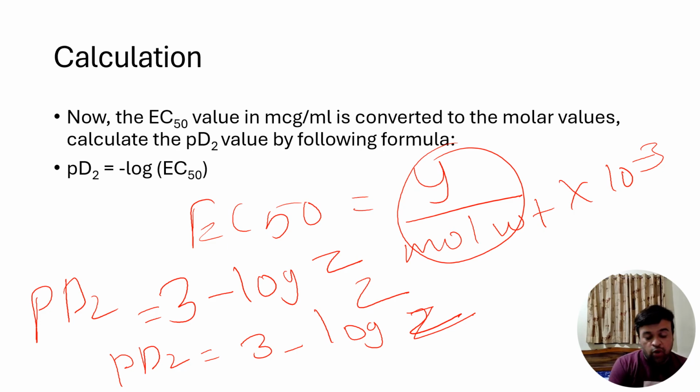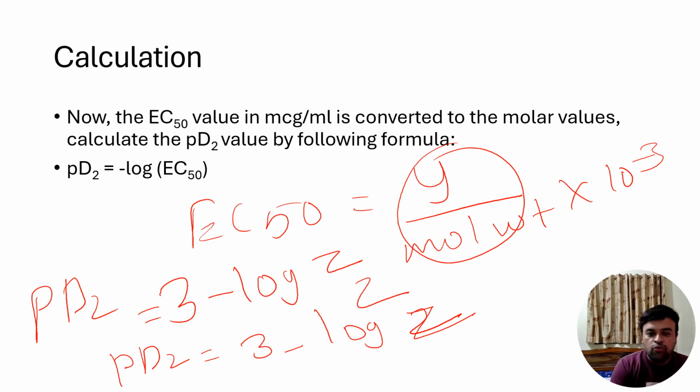From that x value, you can calculate the EC50. So EC50 in microgram per ml is x divided by the bath capacity, that is 20 ml. Consider it as y.